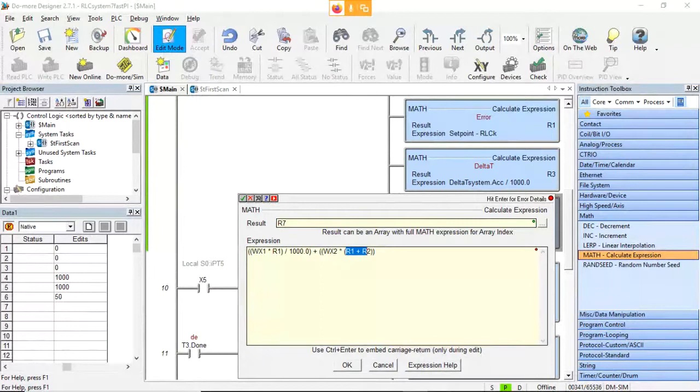But this is R1 times R2, or plus R1 plus R2, those are my points, times my delta t, divided by 1,000, because remember, this is an analog input. The analog input goes anywhere from 0 to 4,096.